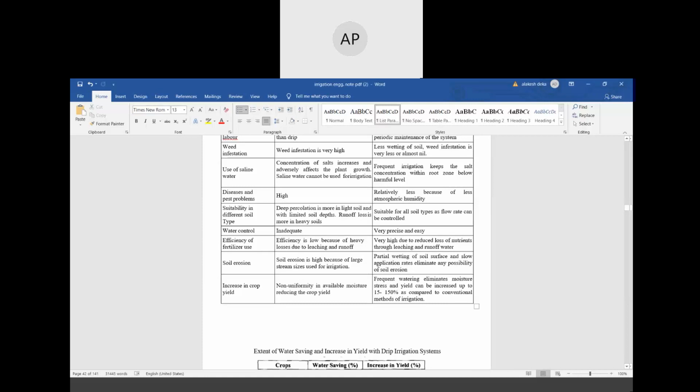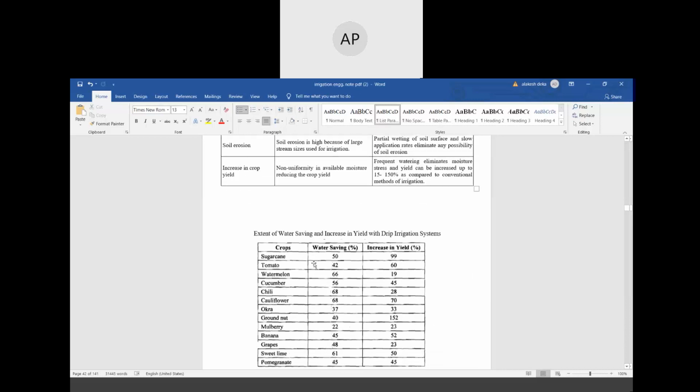We have to apply water as in low rainfall, with low water. So partial wetting of soil and slow application rates eliminate any possibility of soil erosion. Increase in crop yield: non-uniformity in available moisture reduces the crop yield. In drip irrigation, frequent watering eliminates moisture stress and yield can be increased by 50 to 150 percent.